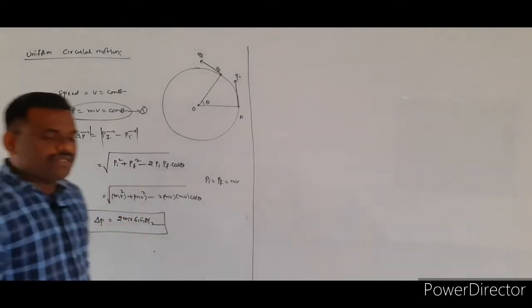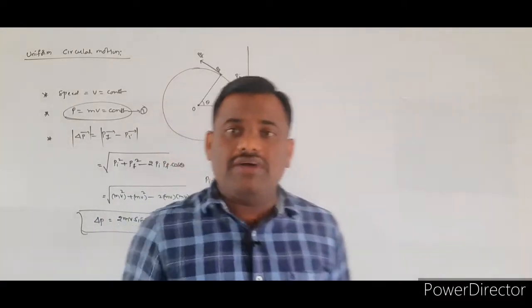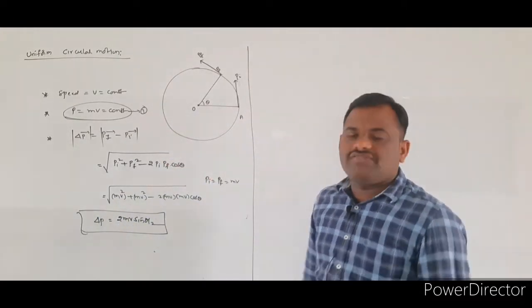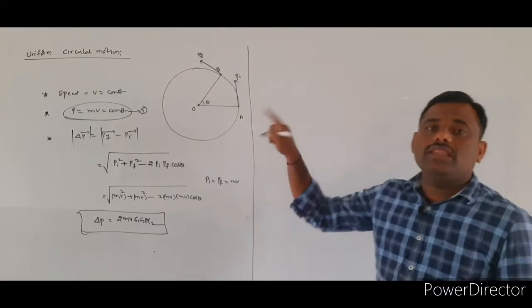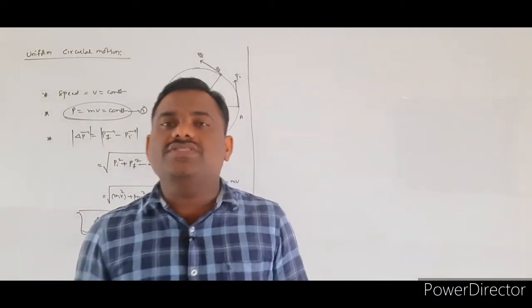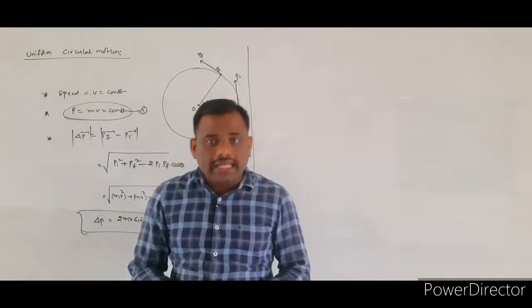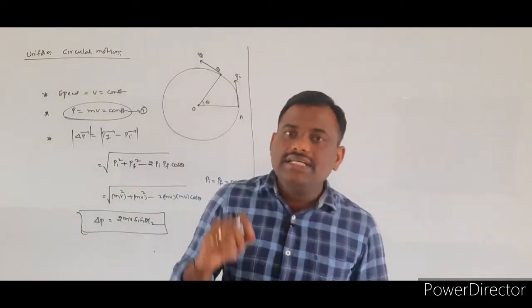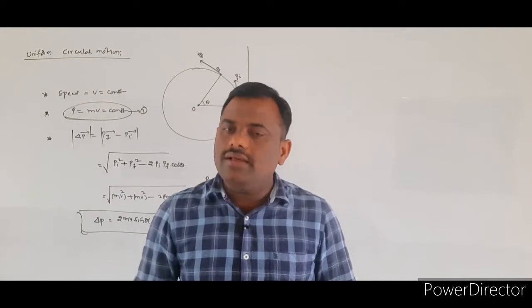So this is the expression for change in momentum of a particle while it is revolving in uniform circular motion. So these are the different applications for calculating the change in momentum.